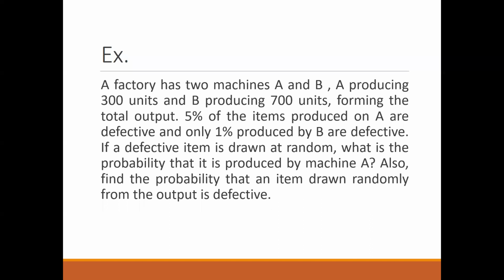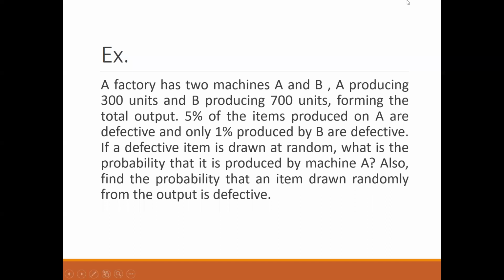Okay, can you all tell me the first part? Can you tell me what is the probability that A1 occurs? That is, the item is produced. What is the probability that the item is produced on machine A? It's very simple. Yes, anyone?